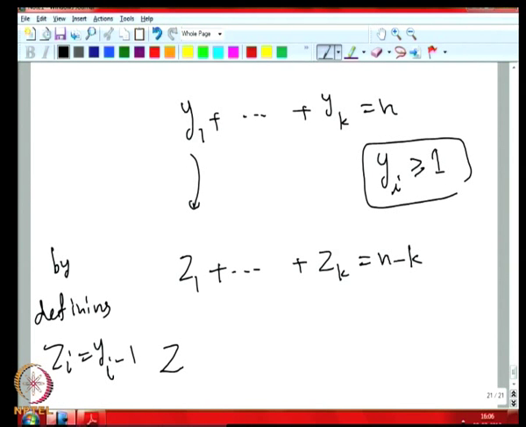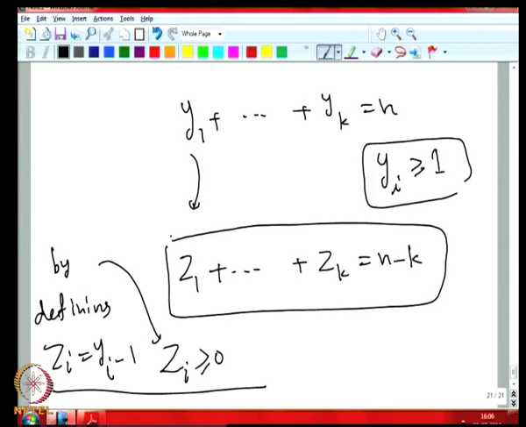Now, zi will be greater than or equal to 0, because you reduce 1 from each yi and get zi. So, this is a very familiar one. We know the solution for this is n minus k plus k minus 1, choose n minus k, or maybe we can also set k minus 1 here, that is all the same, right.